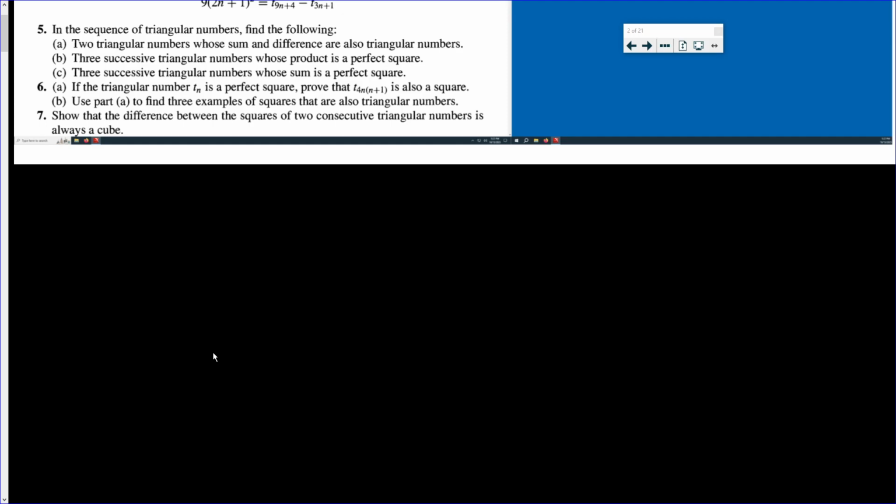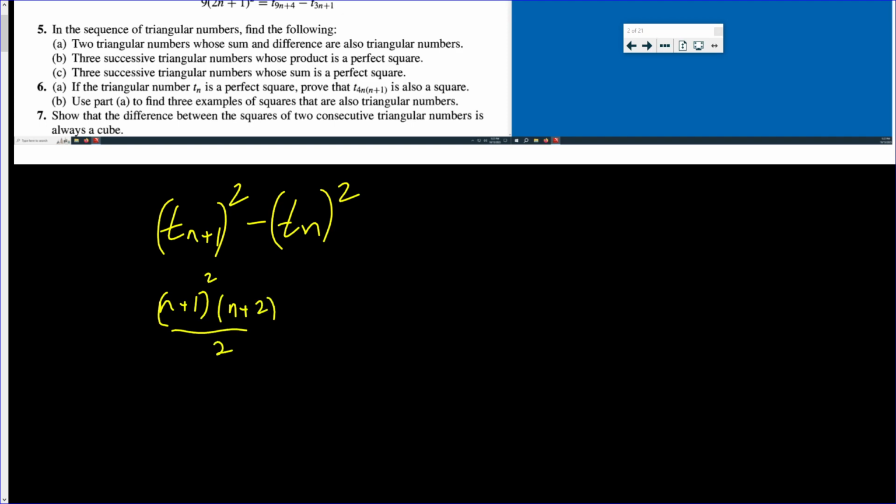2 consecutive. So T sub n plus 1 minus T sub n. That's the difference between the squares of 2 consecutive triangular numbers. Well, the first number is (n plus 1) times (n plus 2) over 2 all squared, so it's over 4, minus n times (n plus 1), squared, over 2 squared.